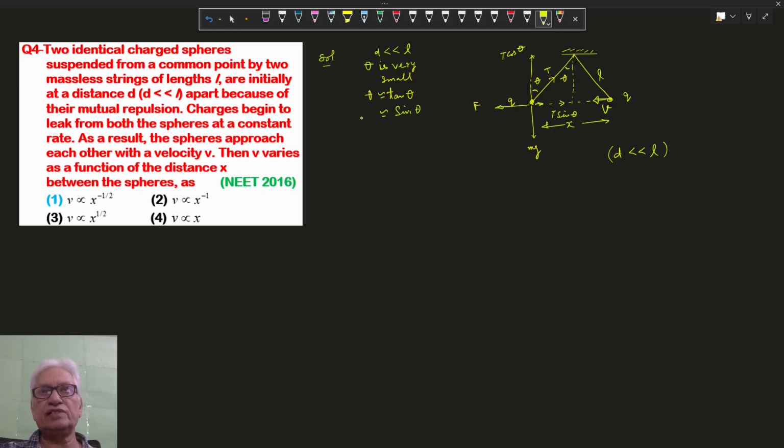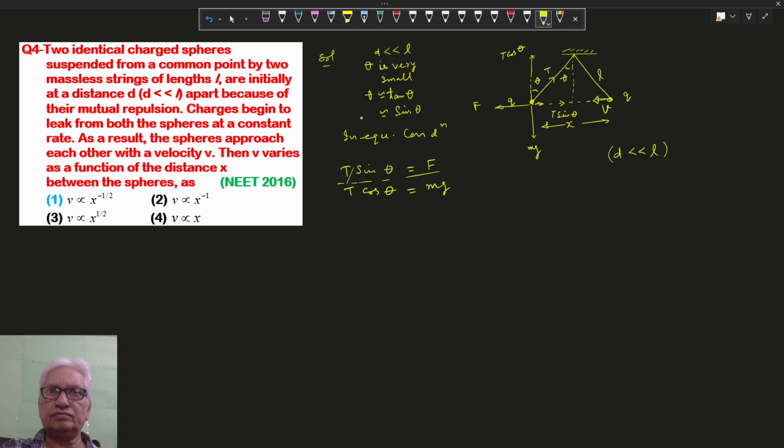Here d is very very small compared to L, theta is small, so tan theta is equal to sin theta. So now in the equilibrium condition, T sin theta is equal to force F and T cos theta equals mg.